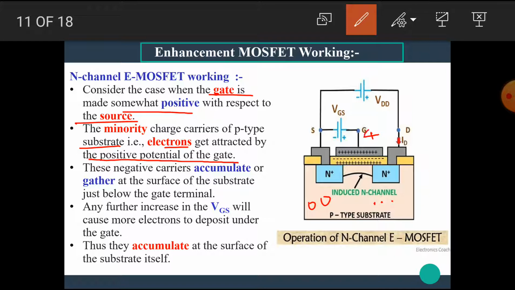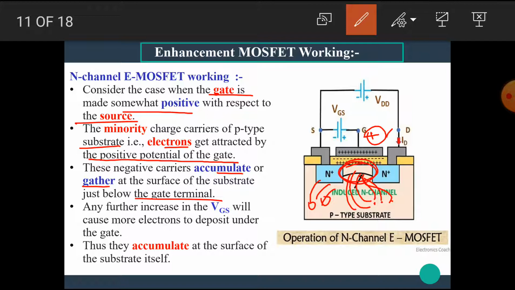The gate has the positive potential, hence it attracts the negative electrons towards the gate terminal. That means the electrons are gathered towards the gate terminal, and the positive holes are repelled by the positive terminal of the battery. These negative carriers accumulate at the surface of the substrate just below the gate terminal.